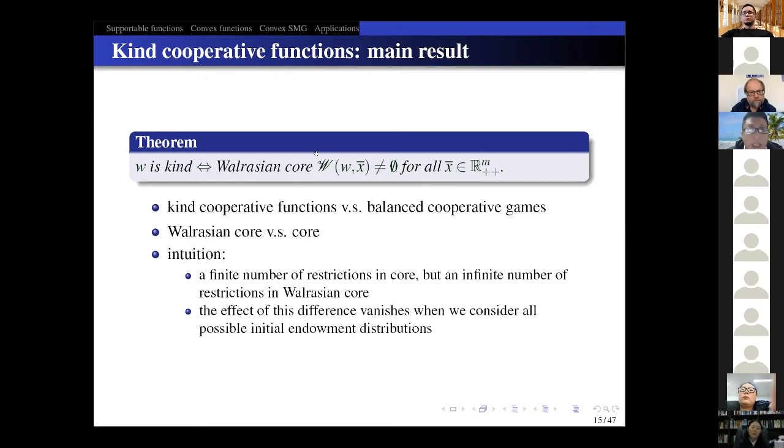But when we consider all competitive market games, that is, the player set N and the initial endowment omega vary arbitrarily, the effect of the difference between a finite number of restrictions and an infinite number of restrictions vanishes.